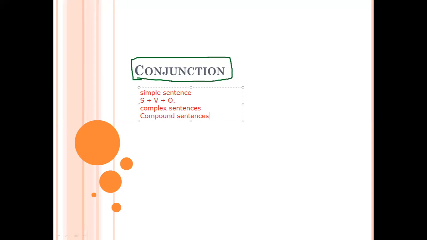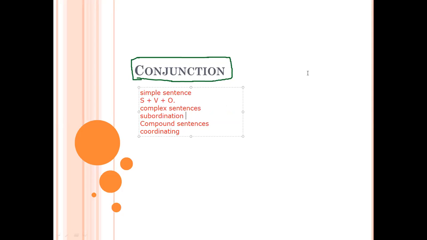When we talk about compound sentences, here also two or more sentences are joined, but this time the conjunctions used are coordinating conjunctions. So coordinating conjunctions here, and subordinating conjunctions there.